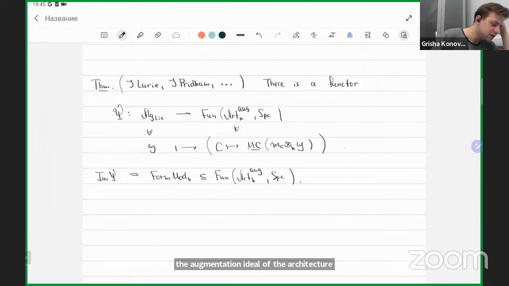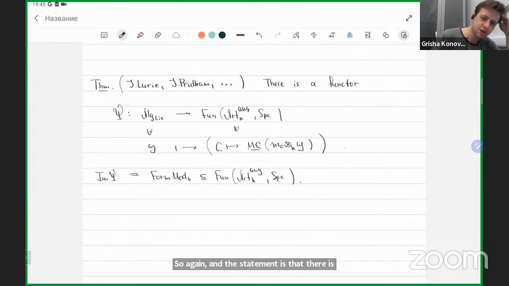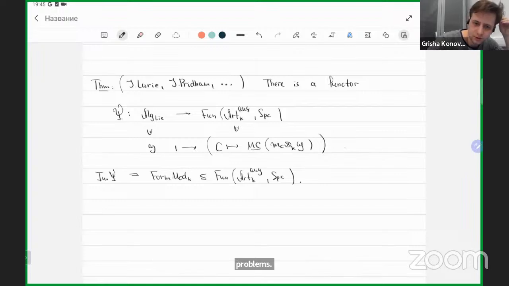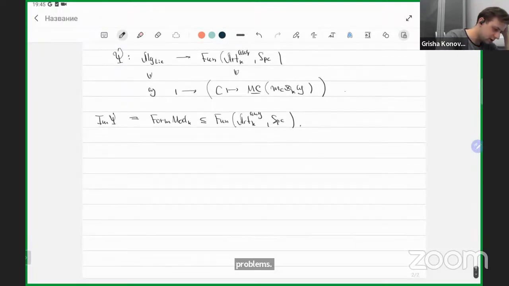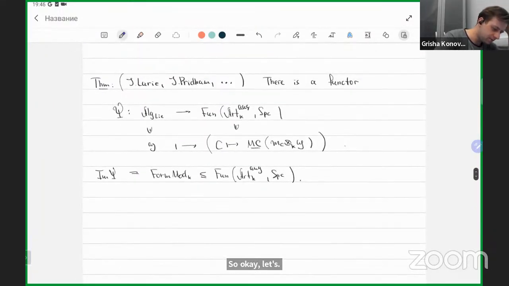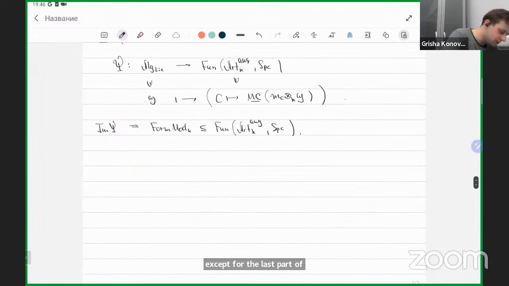So again, the statement is that there is such a functor psi, and its image is exactly the full subcategory of formal moduli problems. So, okay, now we will prove most of the theorem, except for the last part. Let me write it down.